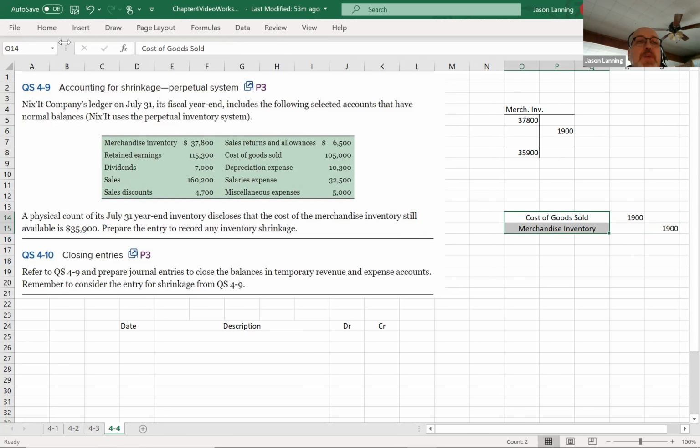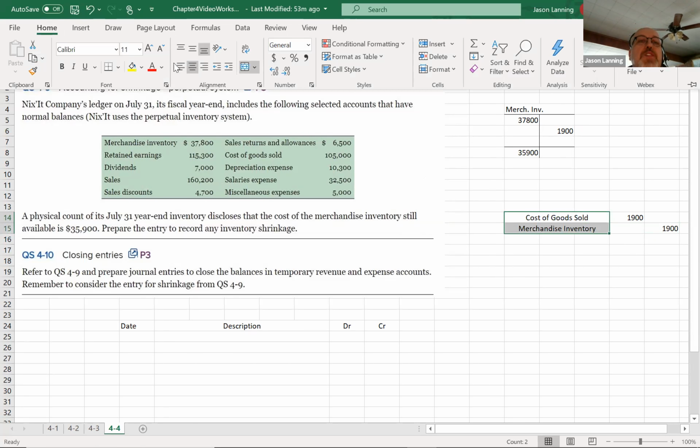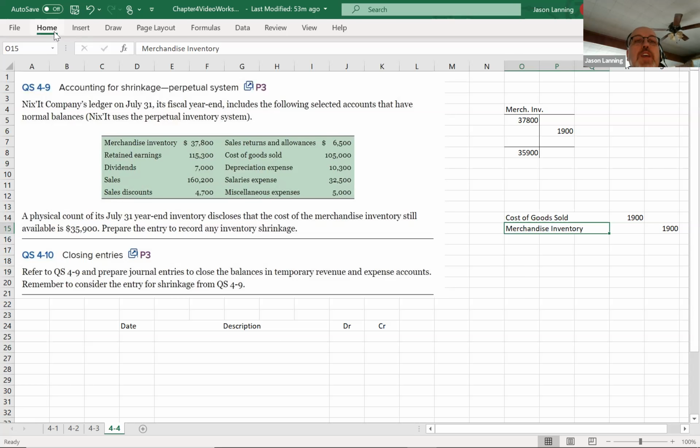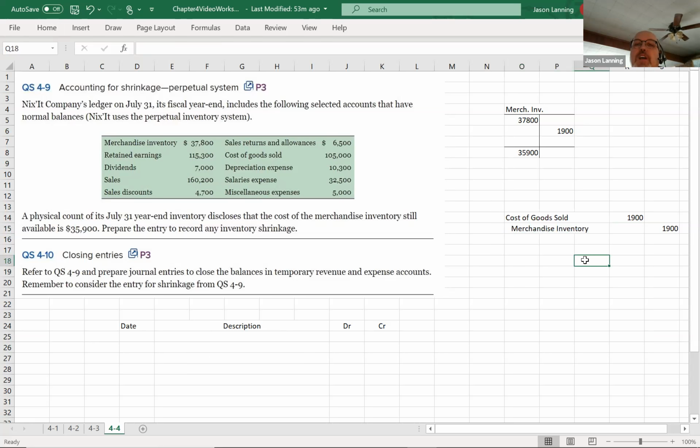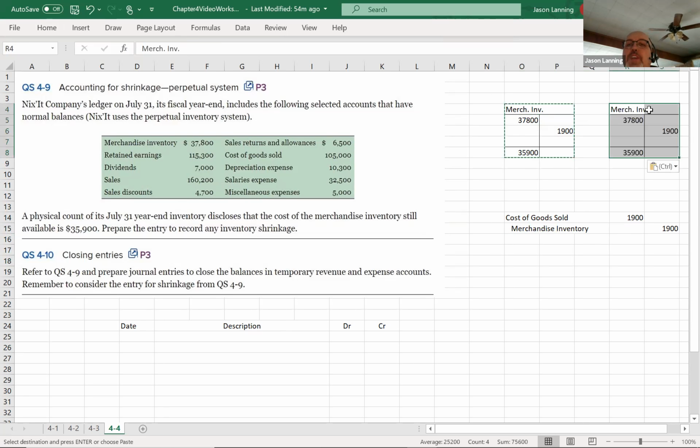The first part of this is Q9, because this does come into play in the problem I really want to look at here. We would have a debit to cost of goods sold for $1,900 and a credit to merchandise inventory for 1,900. That leaves us a balance of 35.9 in merchandise inventory. But we've got to look at cost of goods sold too, because we had to make an adjustment on that.